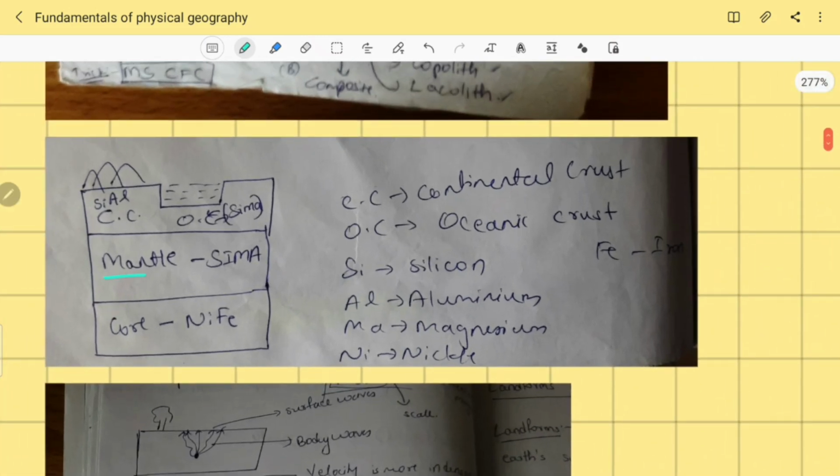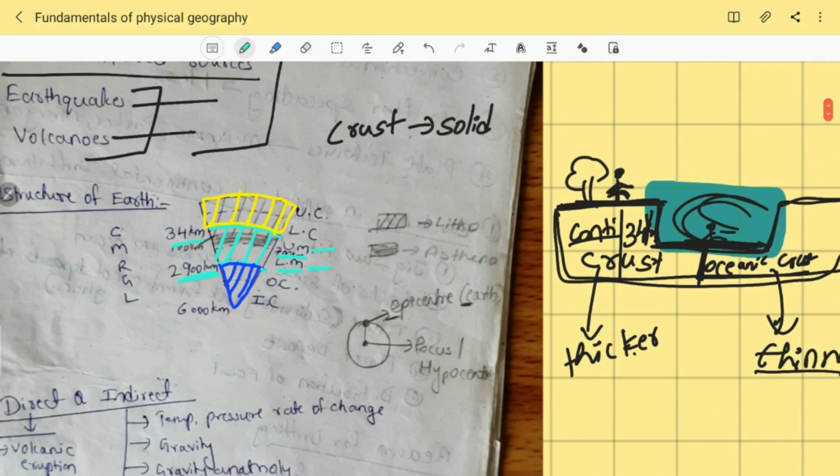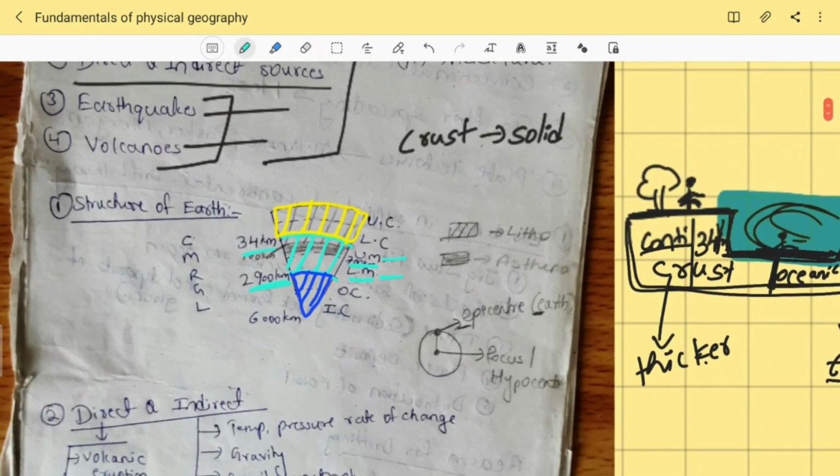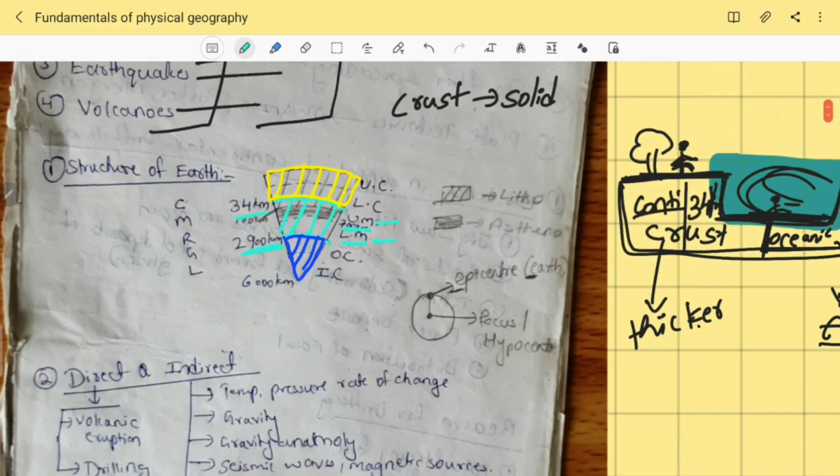You can see this is the mantle, so we can write it here from 34 kilometer to 2900 kilometer. This whole thing is mantle. In that again we have two parts as we have seen here, one is upper mantle, the other one is lower mantle, okay.